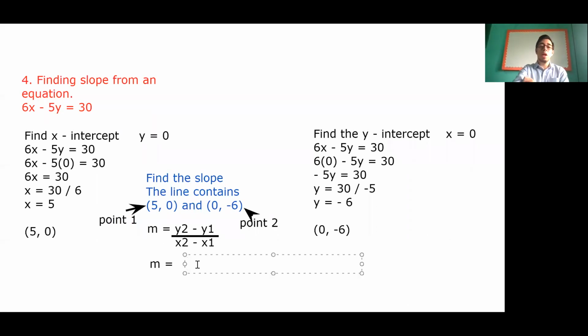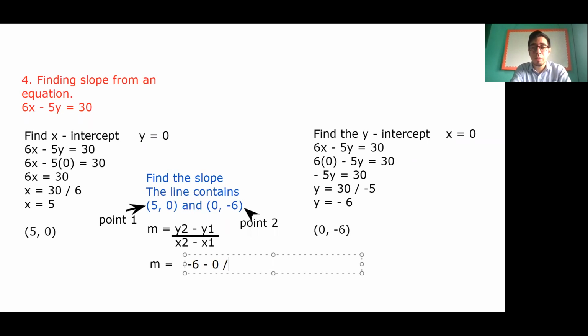Now to find m, I replace the values. y2 is negative 6 minus, the minus is from the formula, guys. You are not going to change the minus that is in here. Only if you have another minus with the number, it's going to be positive. But in here it is negative 6 minus 0.